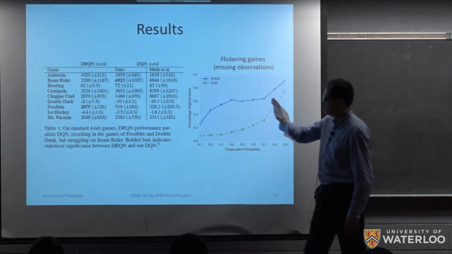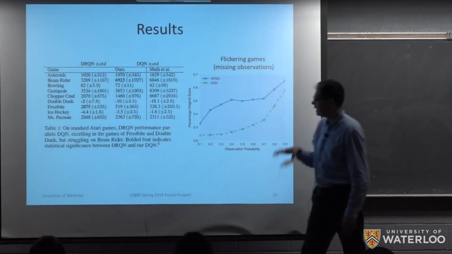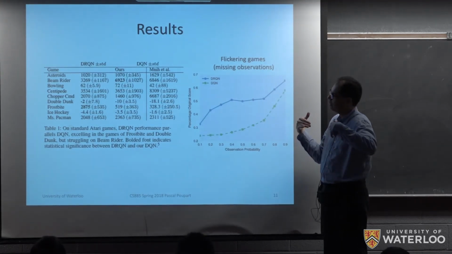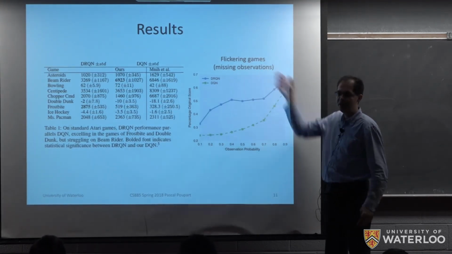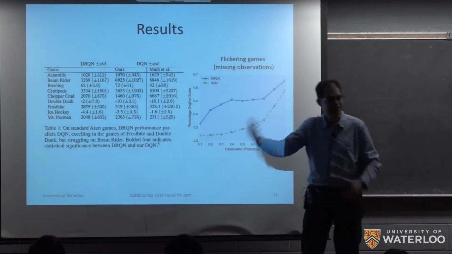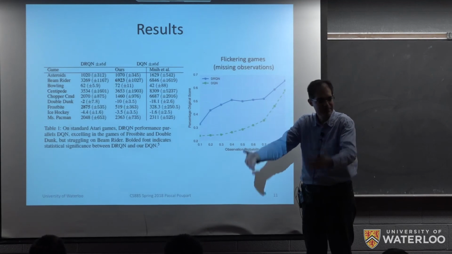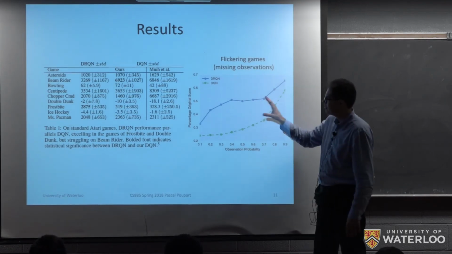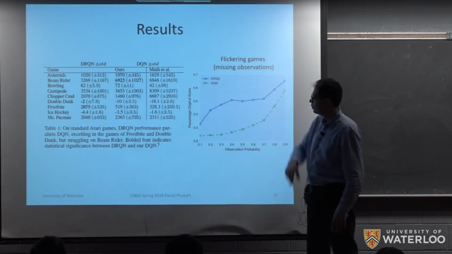Now this was on the original games, but if we introduce some flickering of the images, where every once in a while some frames are skipped and therefore we're missing information, then it becomes important to use a recurrent network.